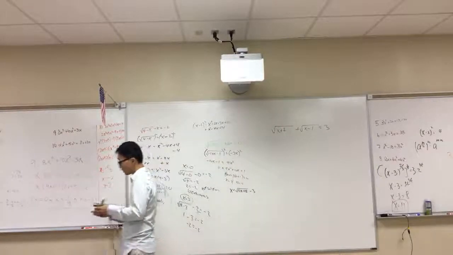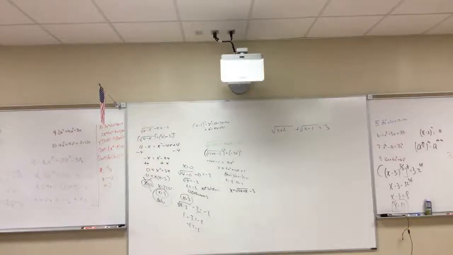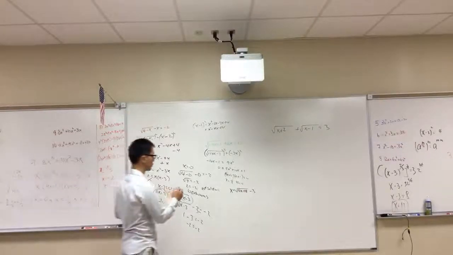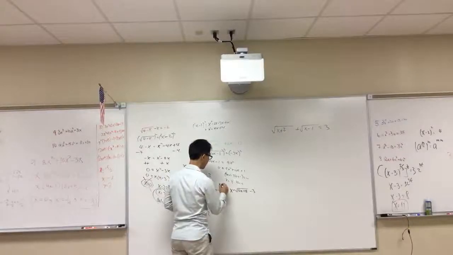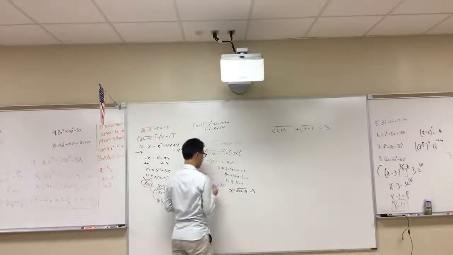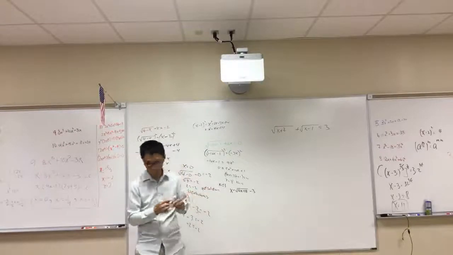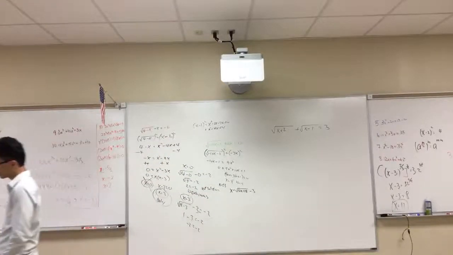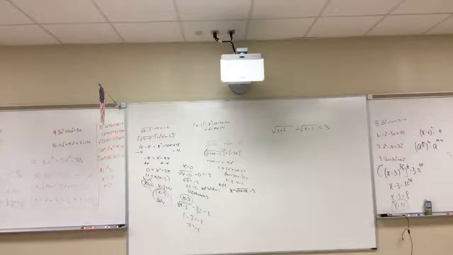I want you to try this problem, and I'll tell you the answer for this one too. The answer is plus minus 3. You should check your answer, by the way. So x equals square root of 6x.